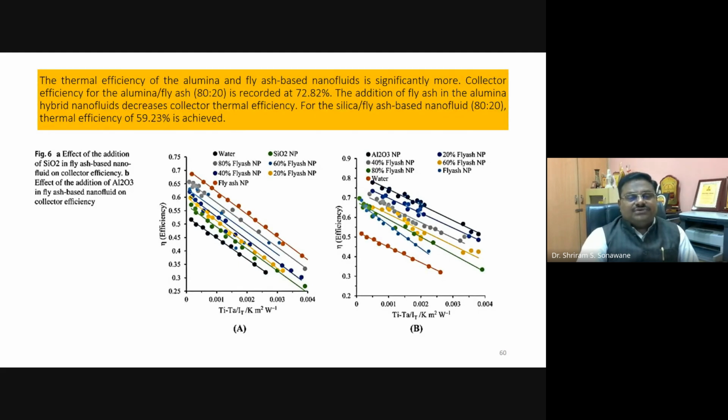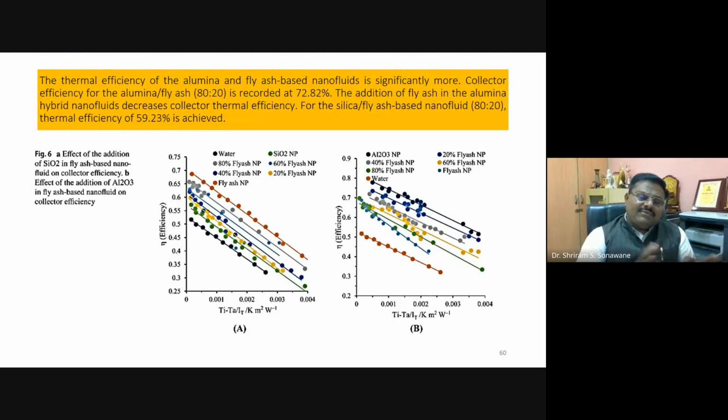The addition of fly ash in the alumina hybrid nanofluid decreases collector thermal efficiency. For the silica fly ash based nanofluid, that is, silica 80 and fly ash 20, a thermal efficiency of 59.23% is achieved. It means there is an enhancement in thermal efficiency when we use 80% alumina and 20% fly ash.